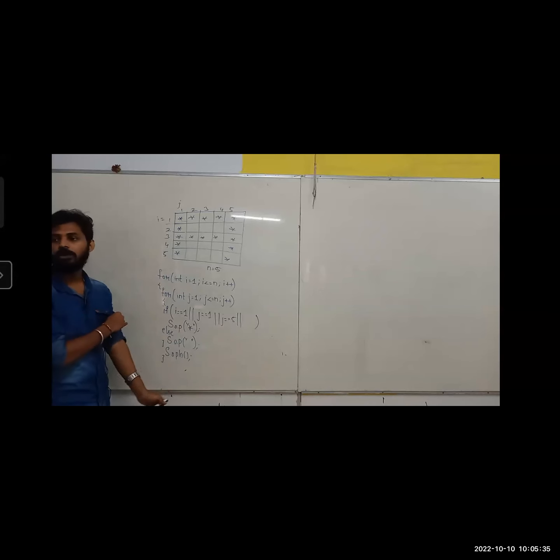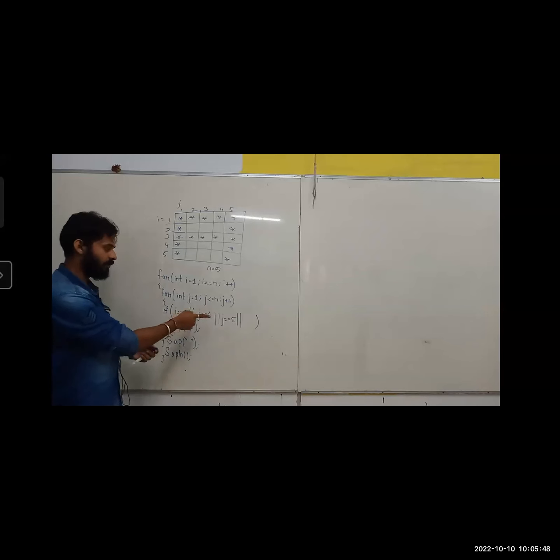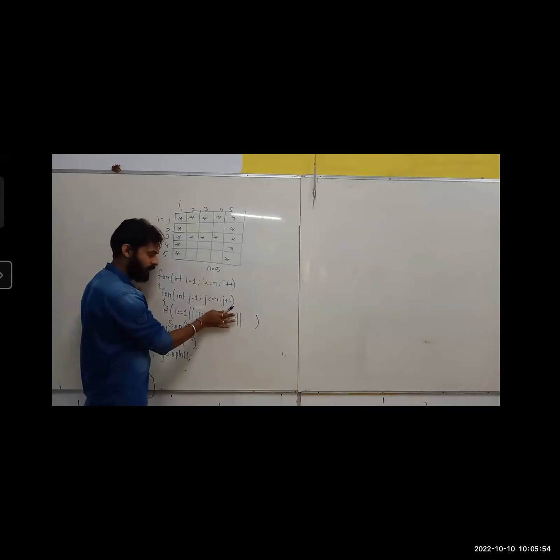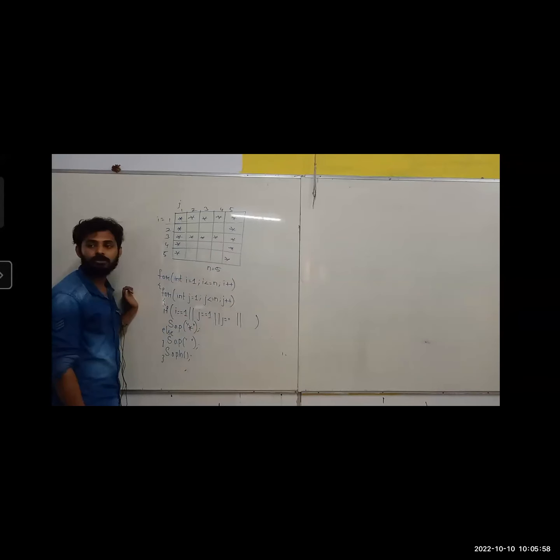To avoid that, what should I do? Some of you will tell, sir, directly i equal to 3. Then if the user gives 10, here also these values will change. How can we change? That is the reason I have taken the n value. Now you should adapt yourself in such a way.